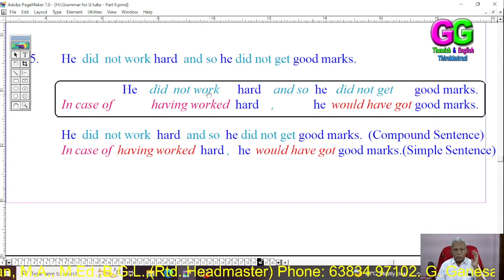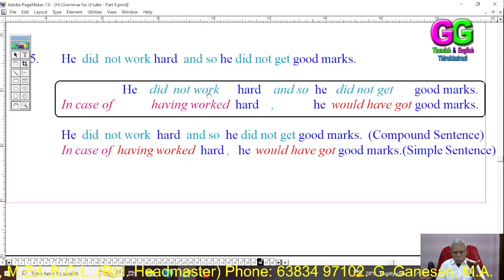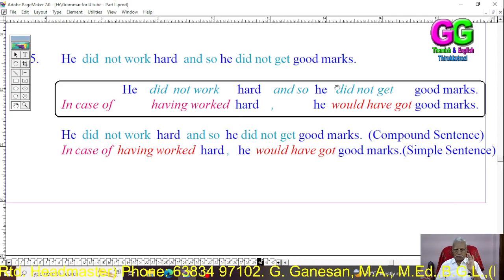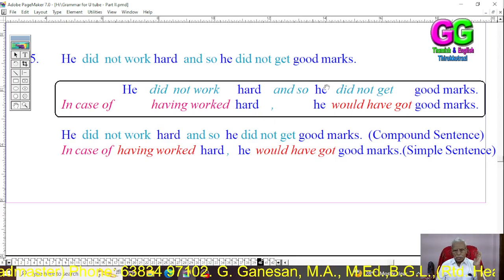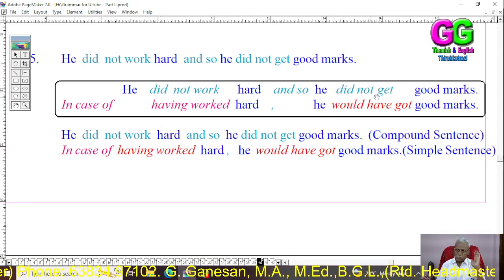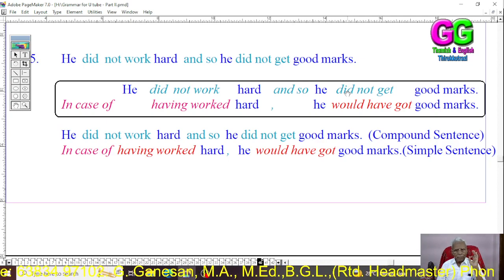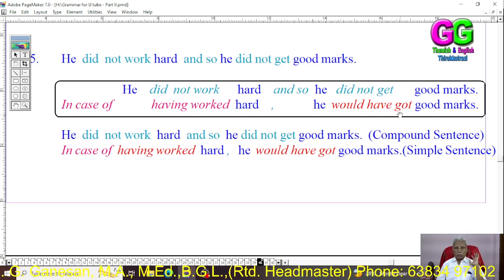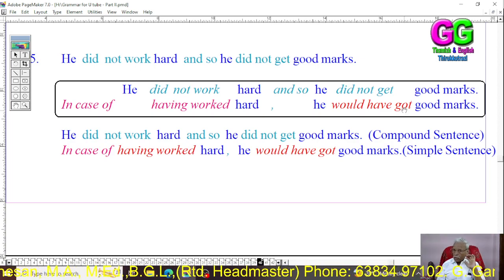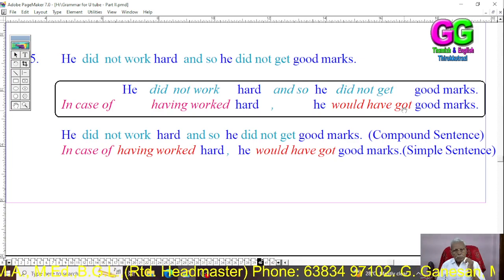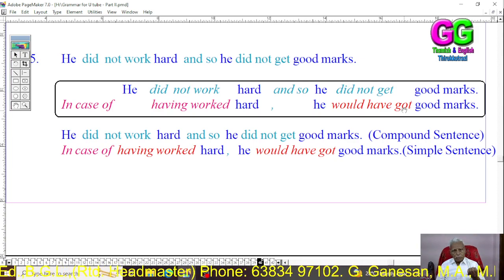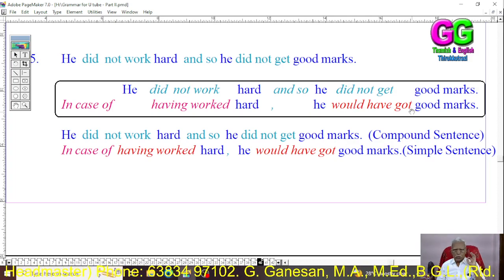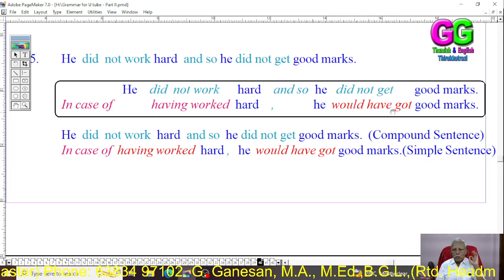So "did not work" has been converted into "having worked", and "and so" removed. Subject "he" is kept. Here the second "did not" has been changed into "would have" plus past participle. So "did not get" becomes "would have got".